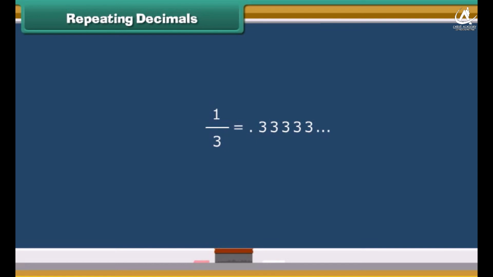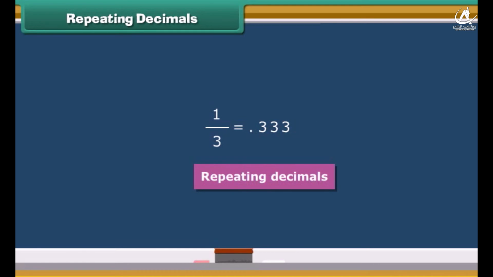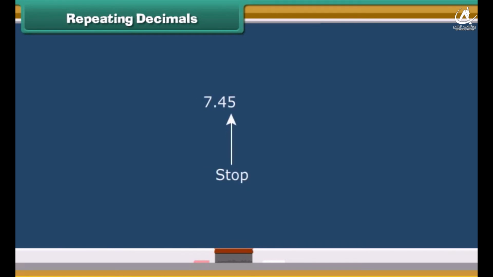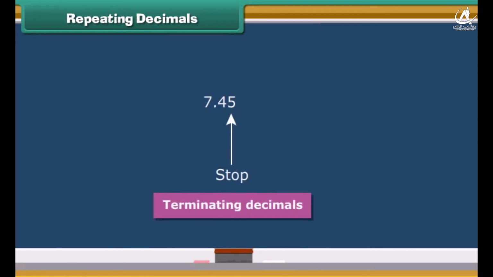So these decimals are termed repeating decimals. You can round off the number after 3/10 or 3/100, but it is more accurate to put a line over the last number. This line indicates that the number keeps on going. And the decimals that stop are called terminating decimals.